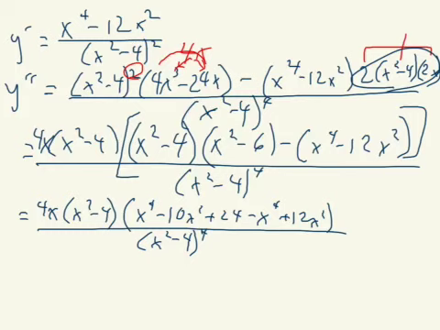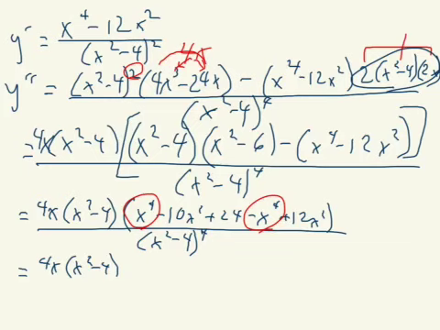Okay, let's see if I'm on the right track. Looks good. Okay, so what is left? 4x, x squared minus 4. These x to the fourths cancel. That's awesome.